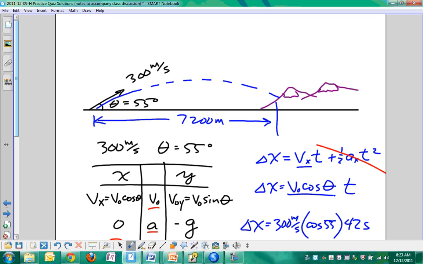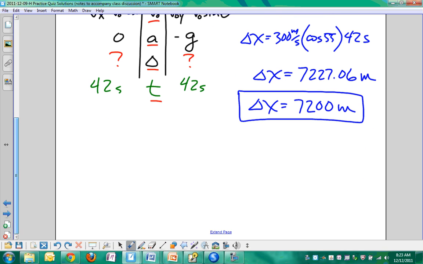So now the other half of the question is, how high on the mountain does it hit? What is our delta y here? Now all we have to do is exactly the same thing, except we plug in all the y dimension parameters. So delta y is equal to v naught y t minus 1/2 gt squared. I've already substituted negative g for our ay.